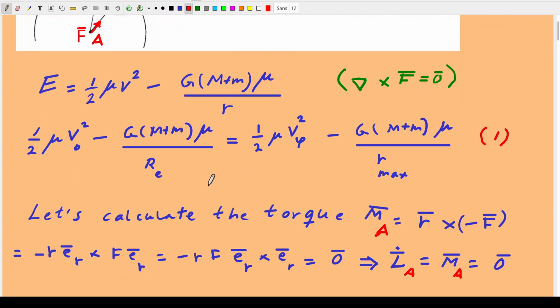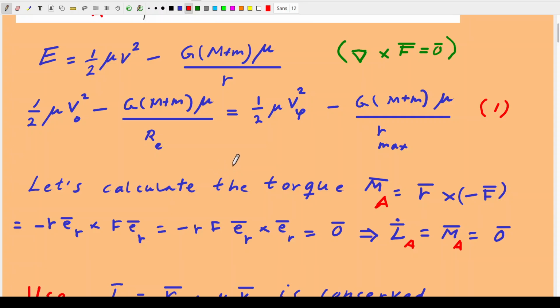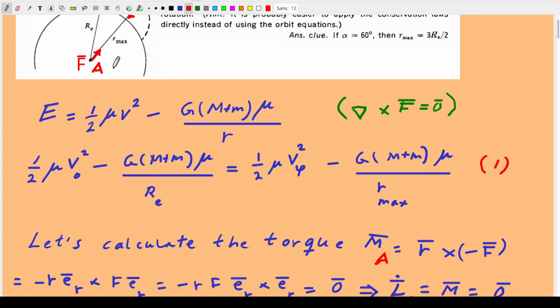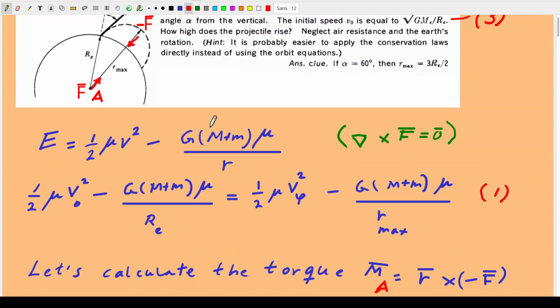And let's take a look at the torque with respect to this point A, which is in the center of the Earth. Well, not exactly. That point is actually where we have the origin, and that is where the total mass M plus m is situated, since we replaced the problem here.